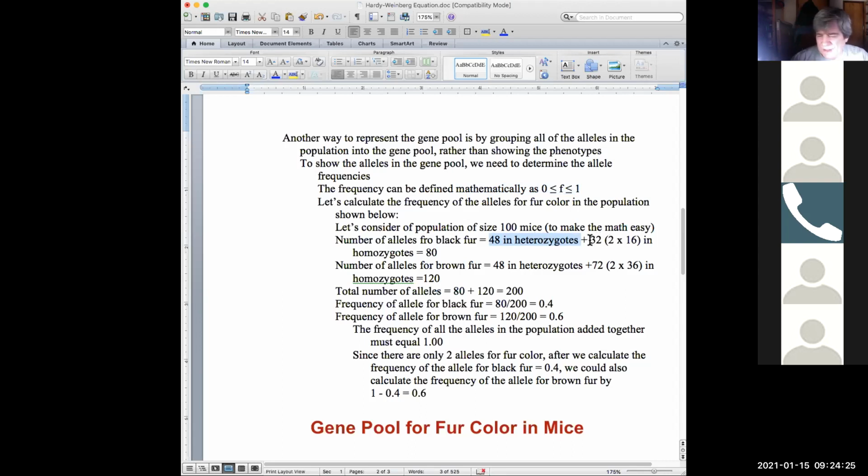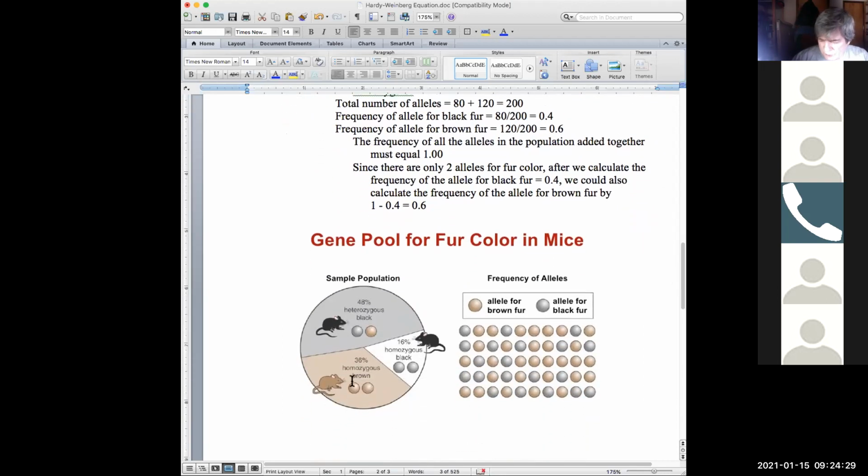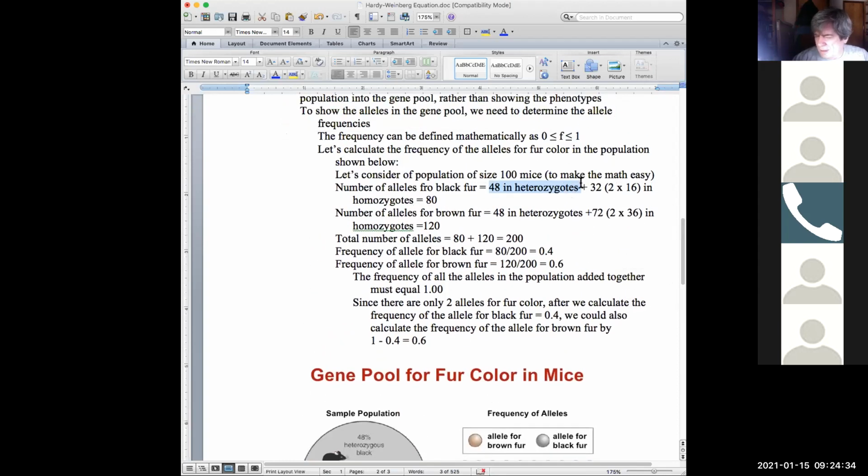16% of the mice in this population were homozygous for black fur. So if we look at these 16%, if they're homozygous for black fur, they each have 2 alleles. So 16 times 2, that's 32.